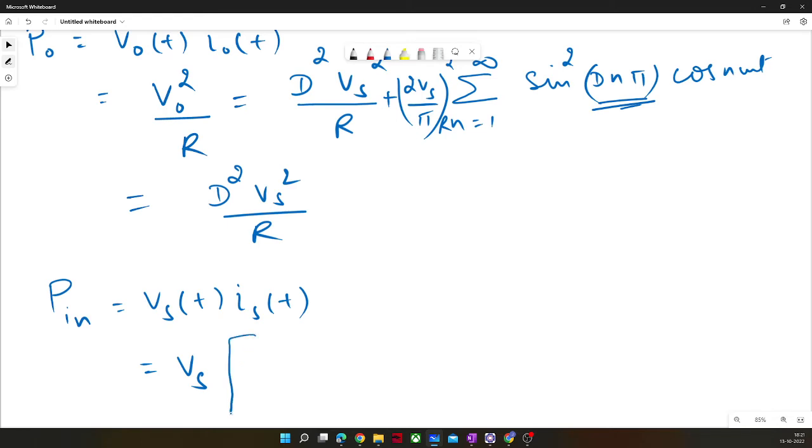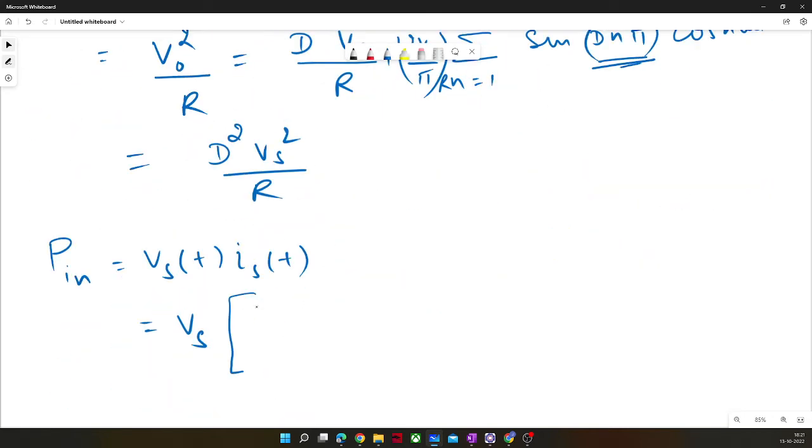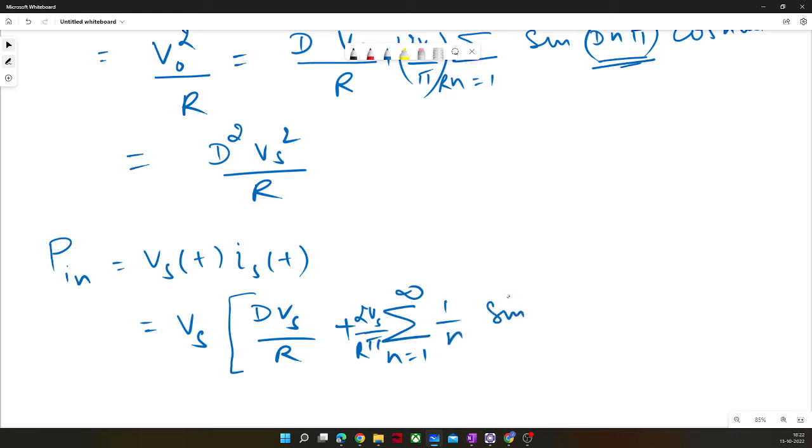So now I will write Is as I naught. So I naught was dVs by R plus summation n is equal to 1 to infinity, 2Vs by pi R, 1 by n sine d n pi cos n omega t.